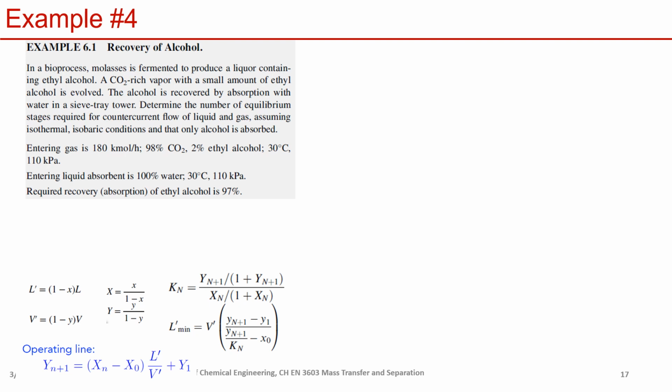If we operate this system at a constant temperature and pressure condition, and we assume again only the alcohol is transferred, is absorbed, right? So let's say the entering gas is, so that's our absorption tower, and we know the flow rate of the gas feed.